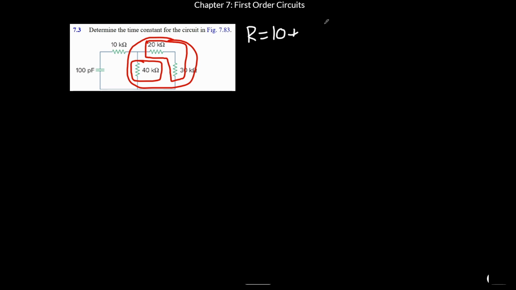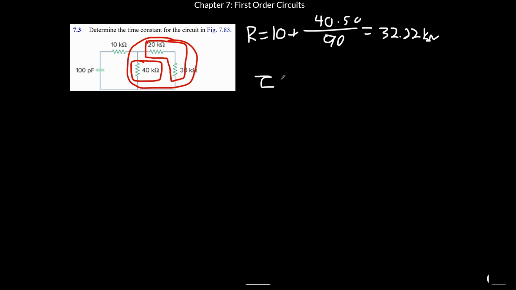So we can write this as 40 times 50, because that's the sum of those two, divided by 40 plus 50, which is just 90, which is altogether going to give us 32.22 kilo ohms.